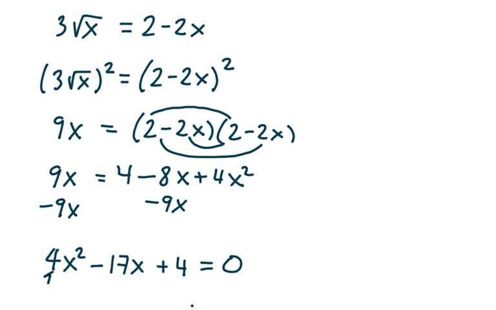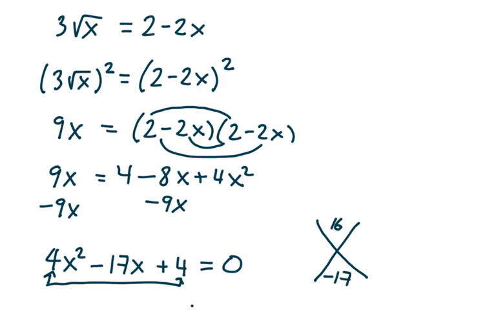And if I look and I get 4 times 4, if I draw myself a little diamond, 4 times 4 is 16, and the coefficient of the middle term is negative 17.